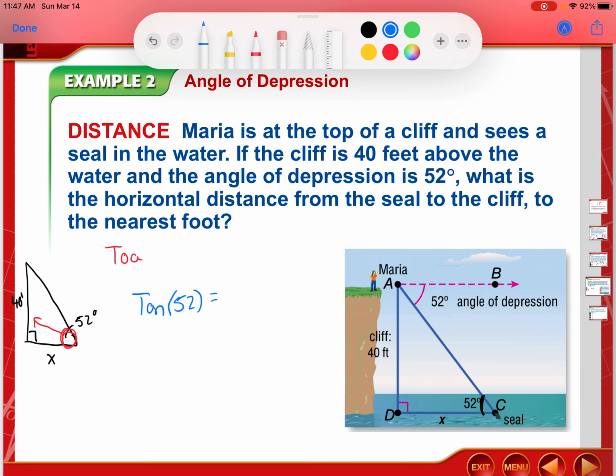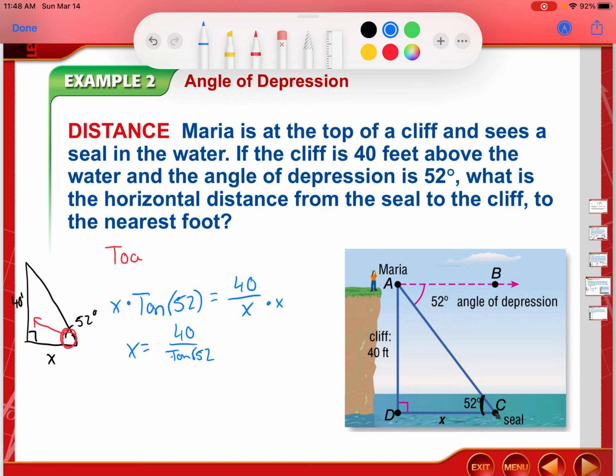So I'm going to say tangent of 52 degrees is going to be equal to my opposite, which is 40, over an unknown. So once again, I would multiply each side by x, then I would divide by tangent of 52, so I'd be left with x equals 40 divided by tan 52.